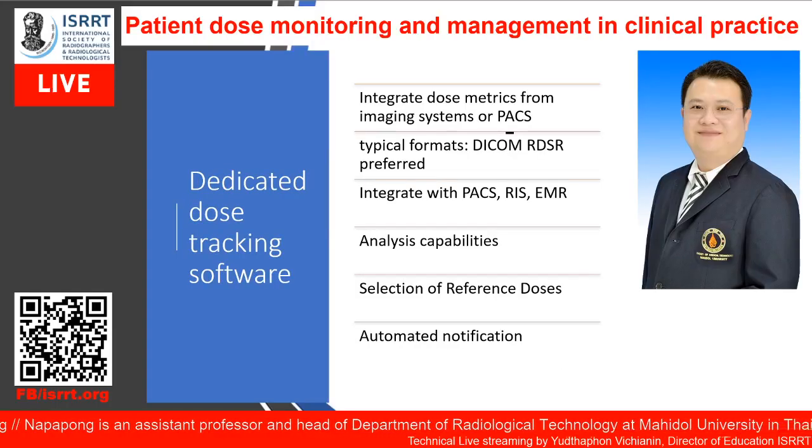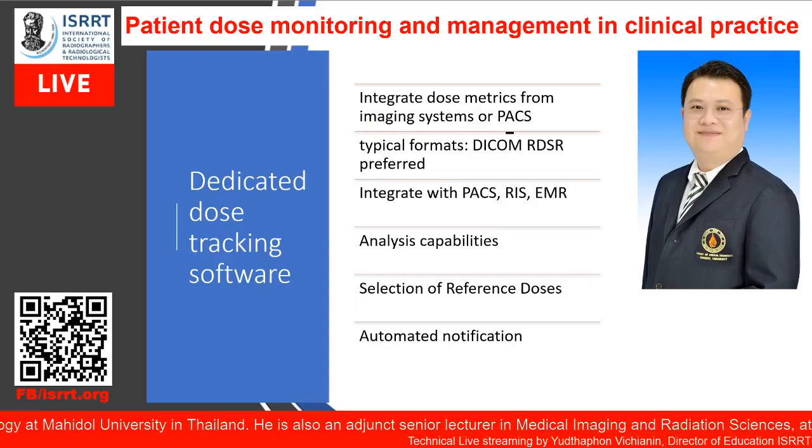There is a tool to help you we call dedicated dose tracking software. Basically, this software would integrate the dose metrics from the imaging system or PACS. A typical format includes DICOM. The DICOM standard. And most of the dose metrics are from the DICOM header.